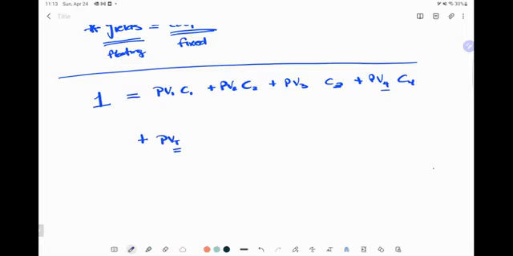If it's 4, we would multiply that by the face value. And the face value, if a bond is trading at par, is going to be the same as the price. So it's going to be 1 in this case because the bond is trading at par.